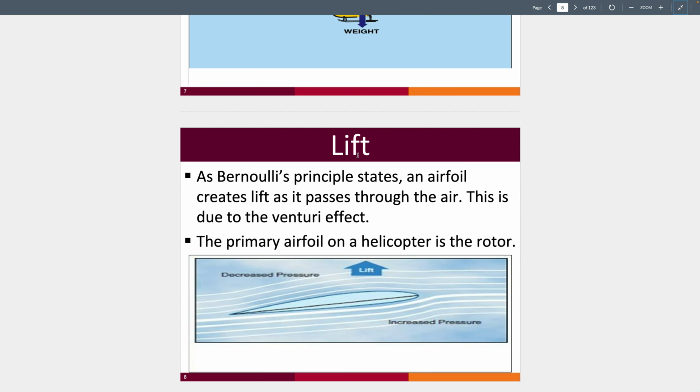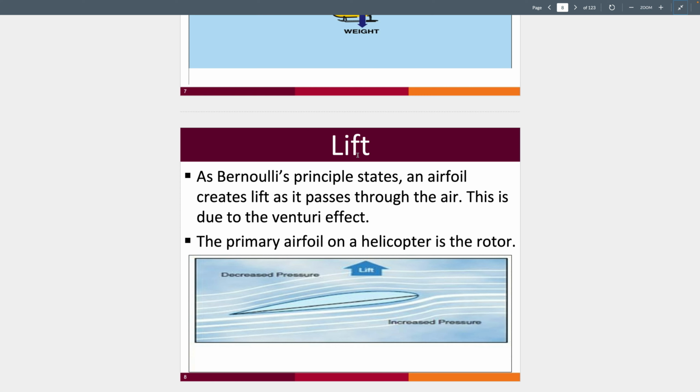Lift is quite similar in fixed wing as it is in helicopters, as Bernoulli's principle still holds true. The airfoil has a specific shape. This allows air to move faster over the upper surface of the wing, which creates lower pressure on the top of the wing. For a helicopter, this would be referring to the helicopter's blade. So right here I have with me a blade for a helicopter.